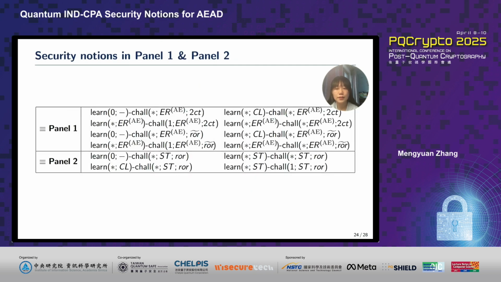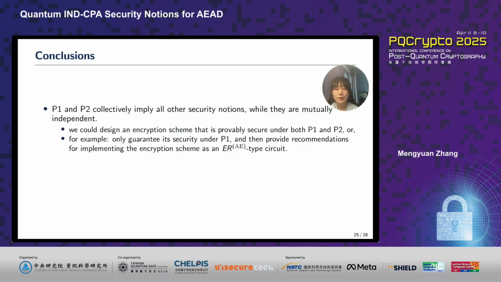And the security notions in panel 1 are all based on the ERA query model, and the security notions in panel 2 are all based on the standard query model. This means that when evaluating the security of an AEAD scheme, or as a designer, one could design an encryption scheme that is provably secure under both P1 and P2, or, for example, only guarantee its security under P1, and then provide recommendations for implementing the encryption scheme as an ERA type circuit.